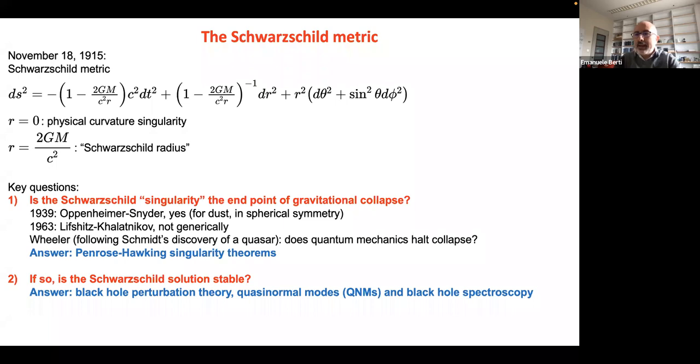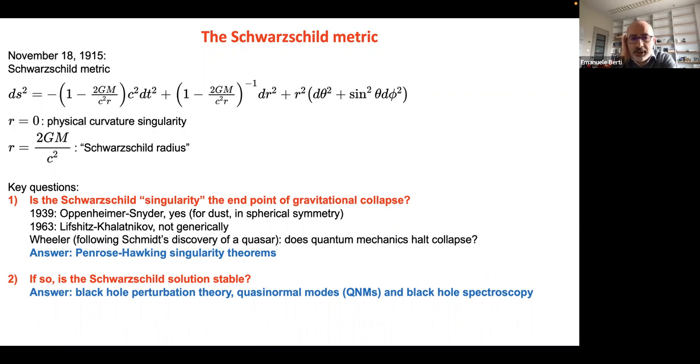And the question became, are there physical reasons why the collapse would halt and not lead to the formation of a singularity? And of course, all of the work on the equations of state with the help of nuclear physics experts ended up concluding that indeed, quantum mechanics is not enough to halt the collapse.